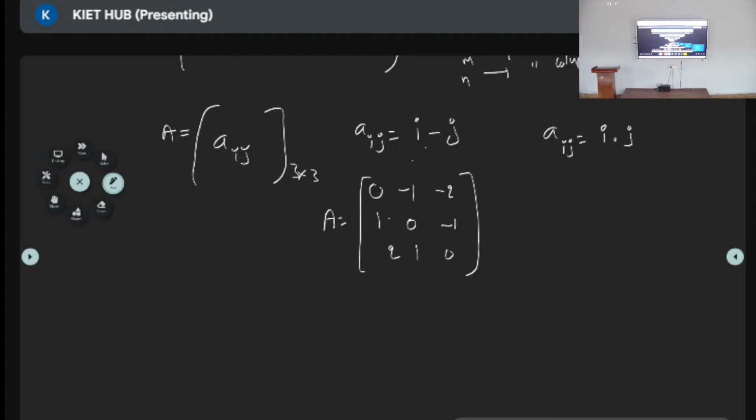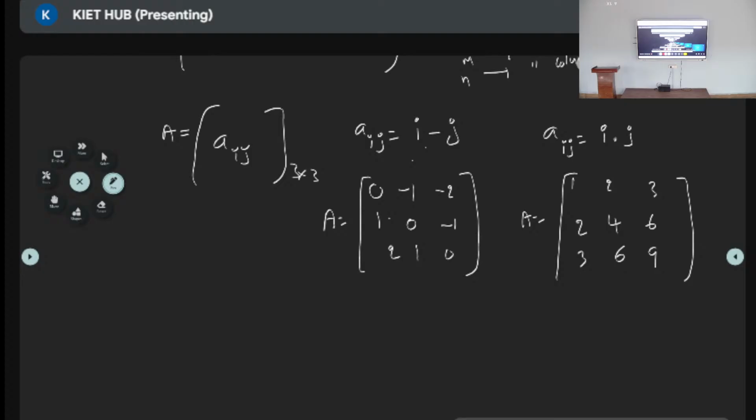Now tell me the other matrix using this equation. 1 into 1, 1. 1 into 2, 2. 1 into 3, 3. Then 2, 4, 6, and 3, 6, 9. Do all of you understand the importance of the i and j notations? Is it clear to all of you?